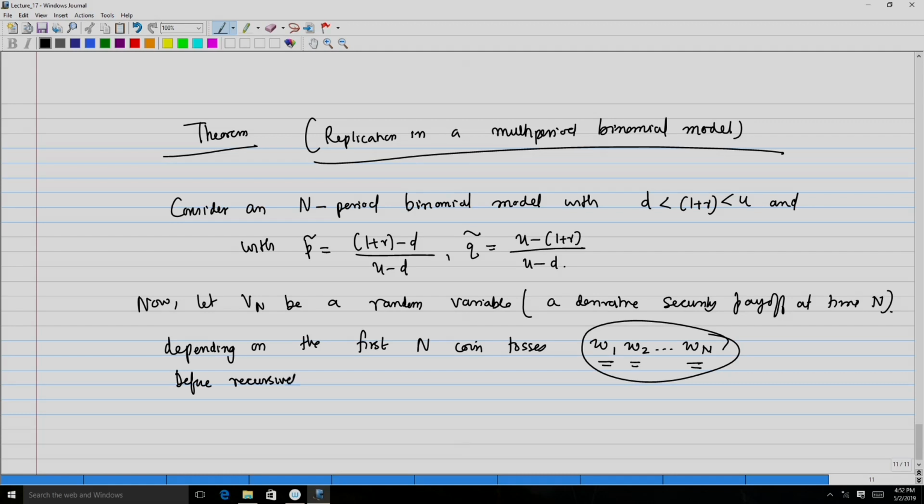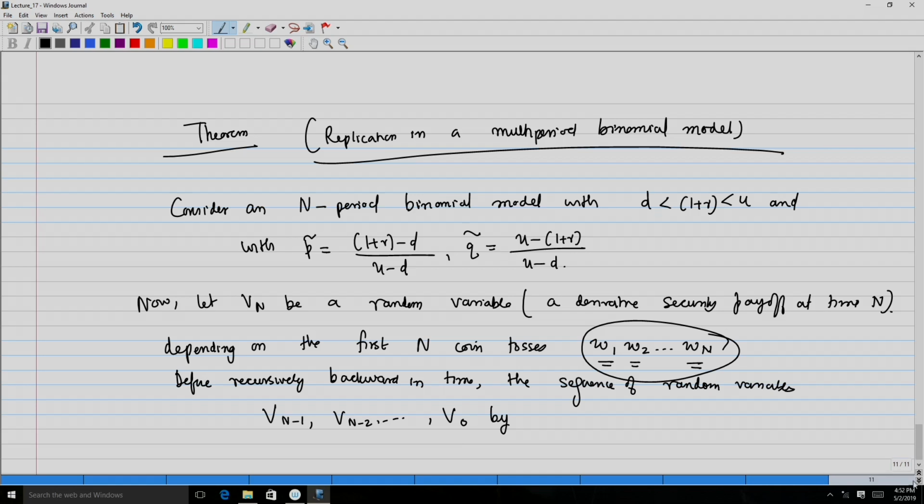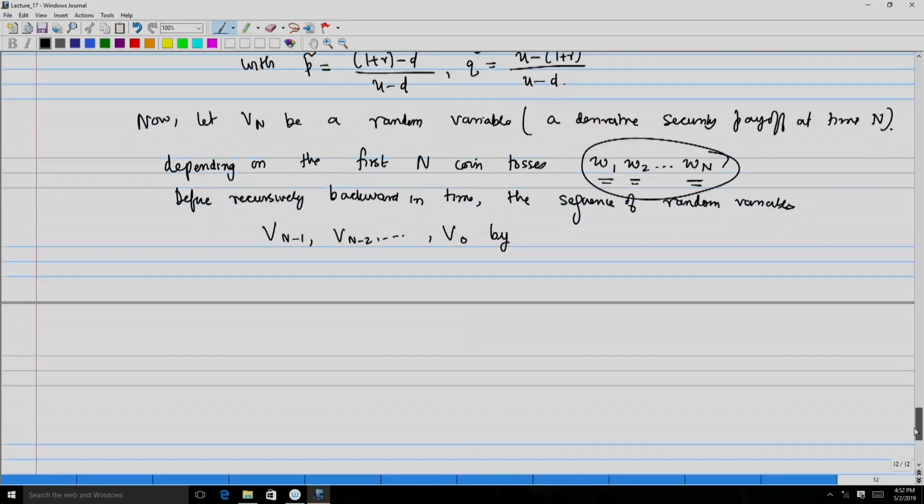So, then we will define recursively, backward in time, the sequence of random variables V n minus 1, V n minus 2 all the way to V naught, in the usual fashion.